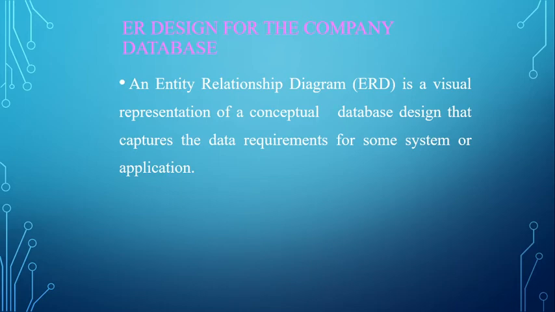The entity relationship diagram is a visual representation of a conceptual database design that captures the data requirements of the system or application. This entity relationship diagram shows the relationship among the entity sets.